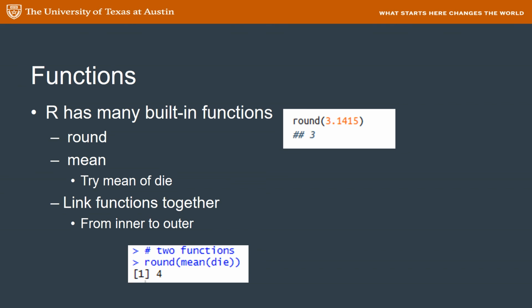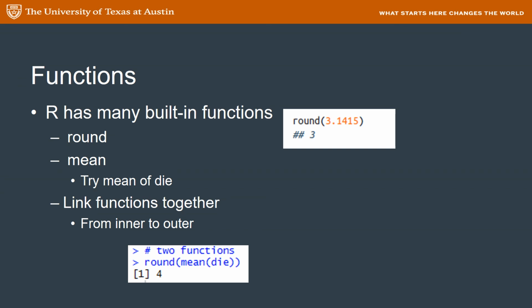So then we have covered the object, and now we're going to talk about the functions. R has many built-in functions, for example, rounding, and the second one would be mean. So just go ahead and try the mean of die.